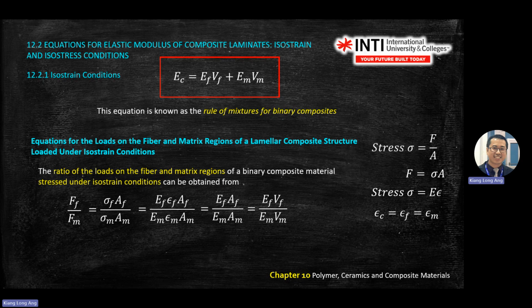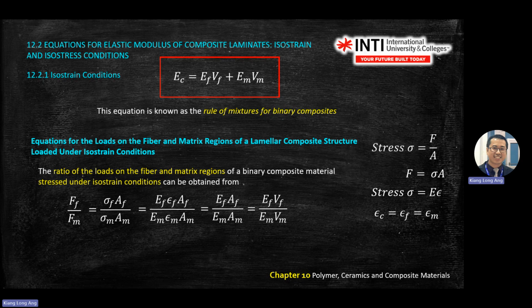and matrix strain. So when the question asks you to find the ratio of loads on the fiber and matrix region, what you do is find F fiber divided by F matrix.